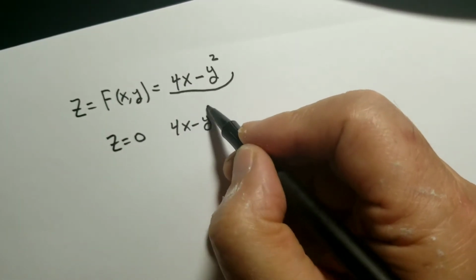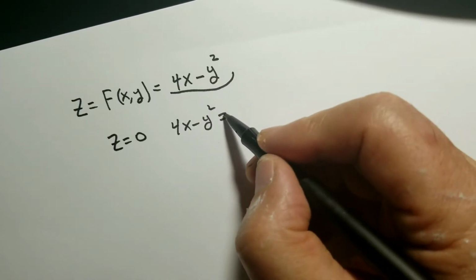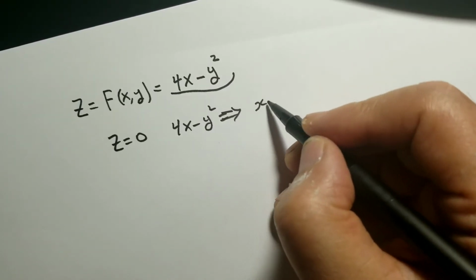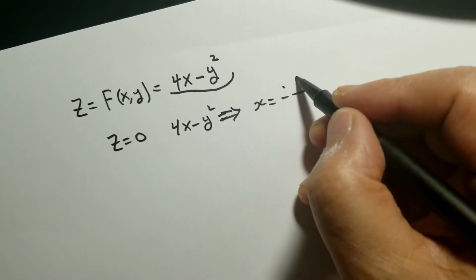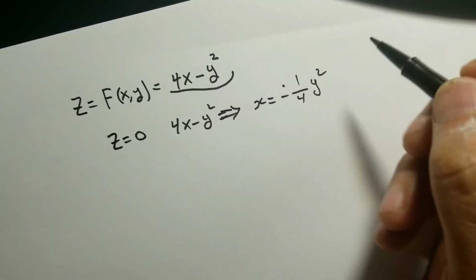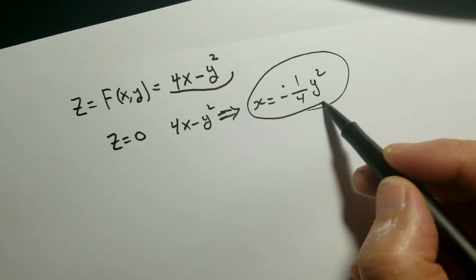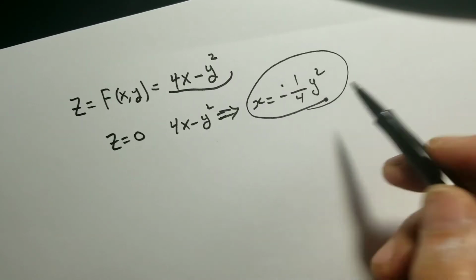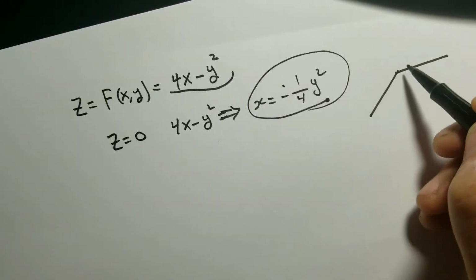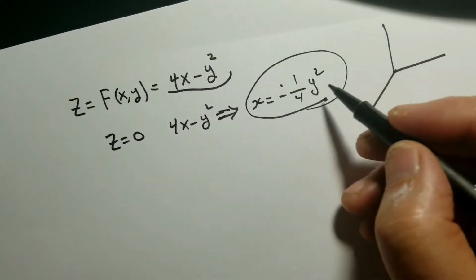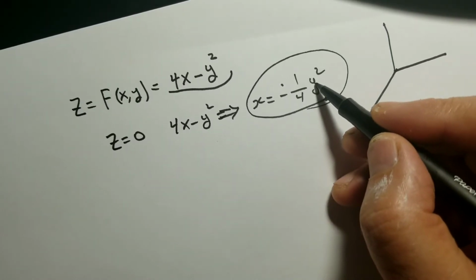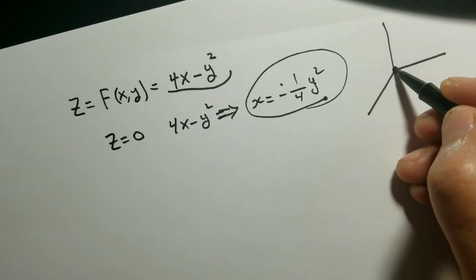Therefore, here you have x equal to negative 1/4 of y squared, and that's not hard to graph. Here z is 0, and when y is 0, x is 0.